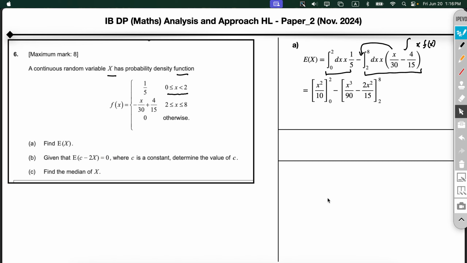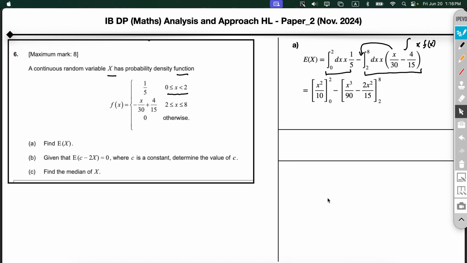Now, since c and 2 are just two constants, expectation of c is just going to be c, and this is going to be negative 2 times expectation of x. So if this is equal to 0, then c is simply 2 times expectation of x, which is 2 times 14 over 5 that was found in the previous part. So this is 28 over 5.